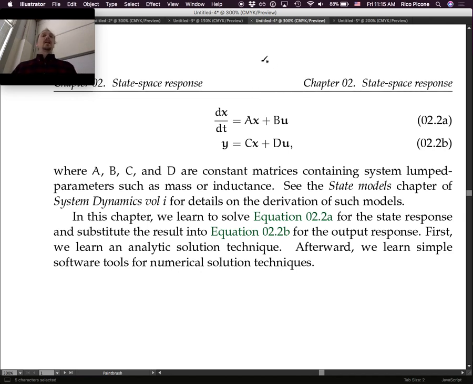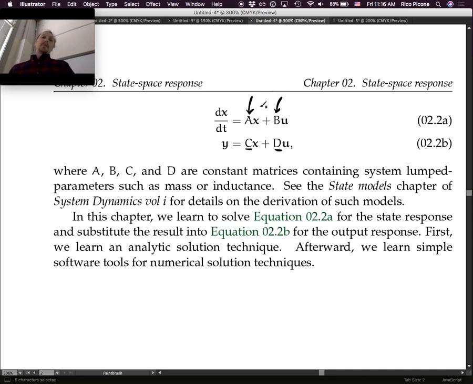First of all, the fact that it's time-invariant means that these coefficient matrices, A, B, C, and D, are all constant matrices, okay? So those contain all the parameters of the system, like the mass and the resistance and the capacitance, etc. We say that for a time-invariant system, those parameters don't change with time. The variables like the voltage and the force, they will change, but the parameters don't change.